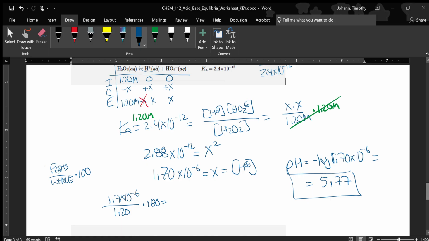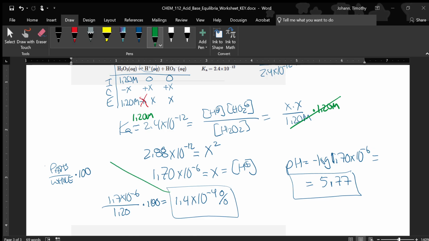It's going to be a super small number. 1.7 E negative 6 divided by 1.2 times 100. And my percent is 1.4 times 10 to the negative 4%. Super small. All right, so it's really not very relevant. This is also another reminder that this is so small that our simplifying assumption was okay.